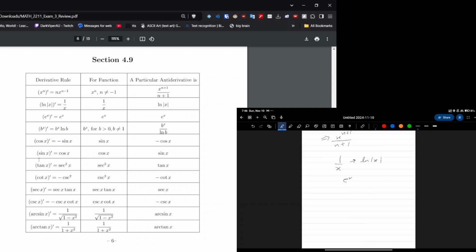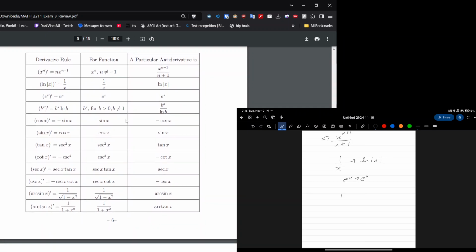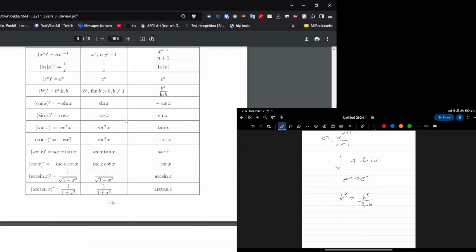e to the power x stays e to the power x if you differentiate or antiderivate it. b to the power x becomes b to the power x over log of b. Sine x becomes negative cosine of x. Cos x becomes sine of x.